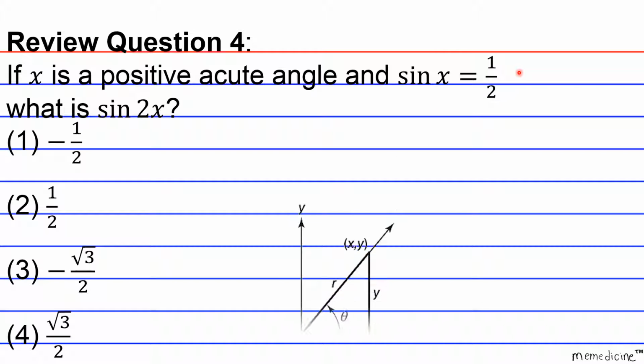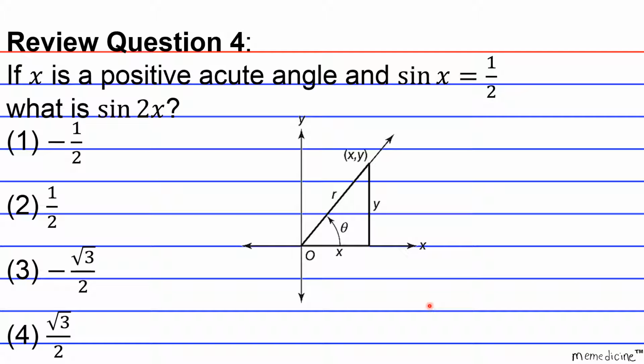Let's diagram it. In order to find the cosine of x, which we need for the double angle formula, we're going to label the triangle with the values that we got from the sine ratio, okay? What you have to remember is that the sine of theta, or in this case x, is going to be the y-coordinate over the absolute value of the measurement of the ray that the line makes with the axis to form the particular angle.